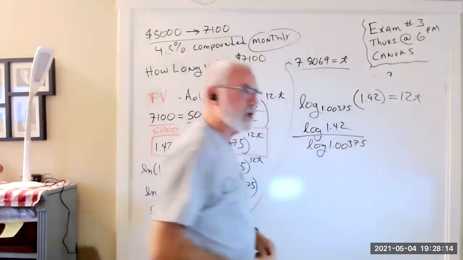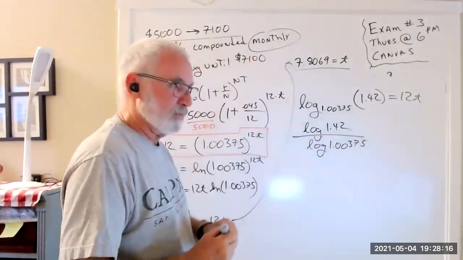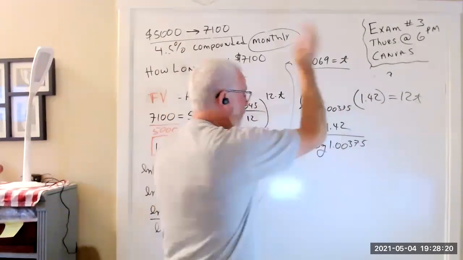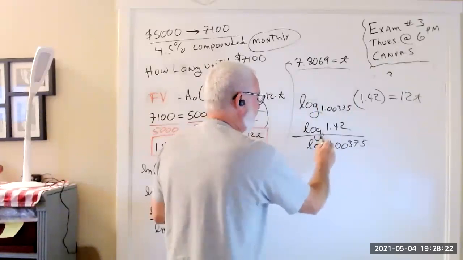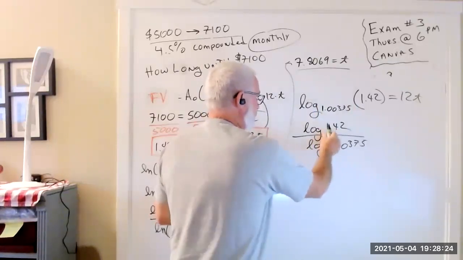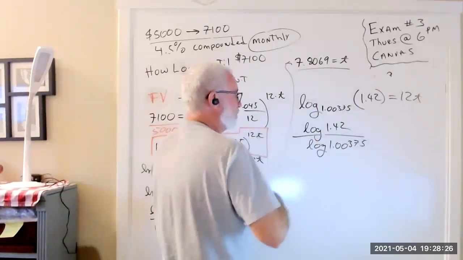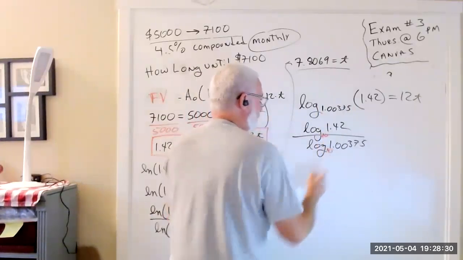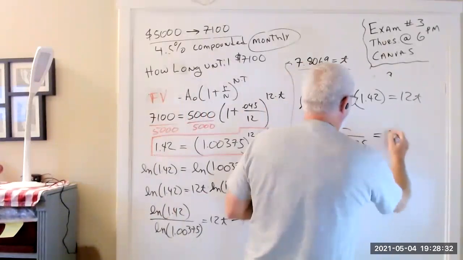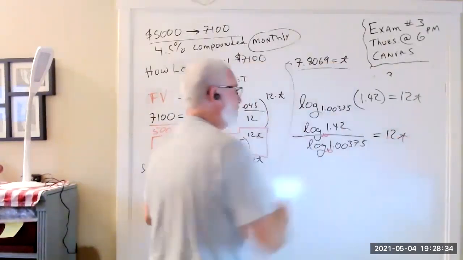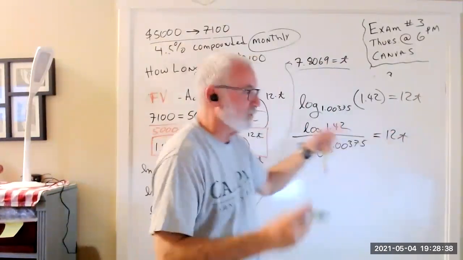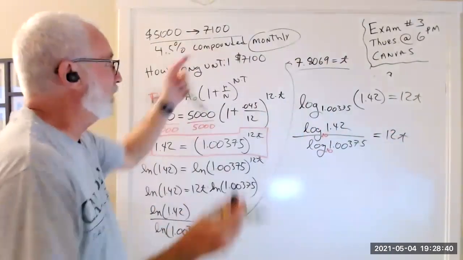This is called the change of base formula because it allows us to change it away from base 1 point whatever into base 10. And it still equals 12t. So you calculate this mess out, and then divide by 12, you still get the same answer.